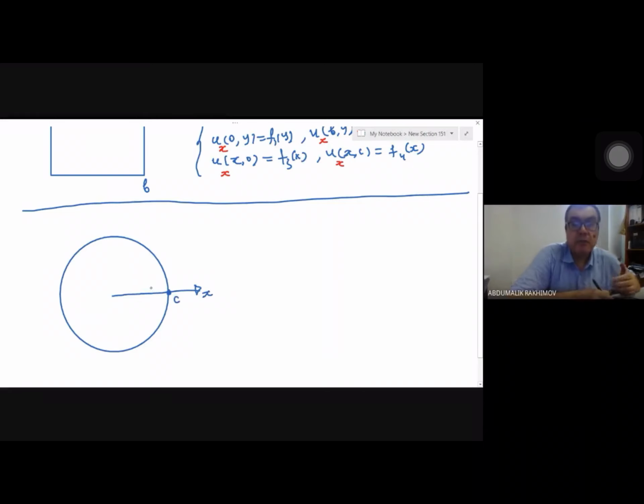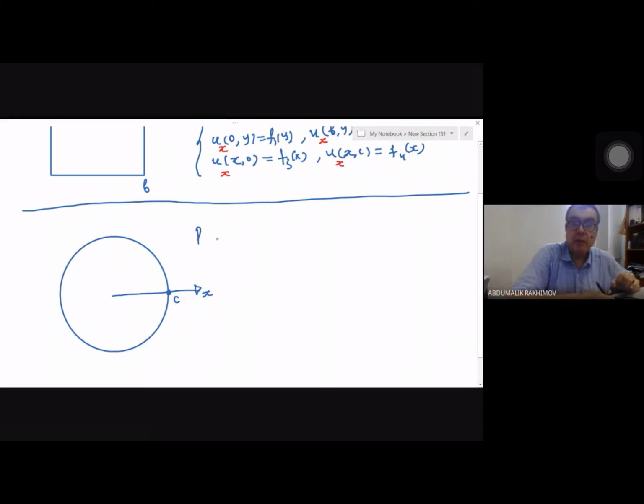Then we cannot proceed with the same equation, because you remember when we studied heat conduction in the plate and also vibration of rectangular and circular membranes, in the case of a circle we have to go to the polar system, right?